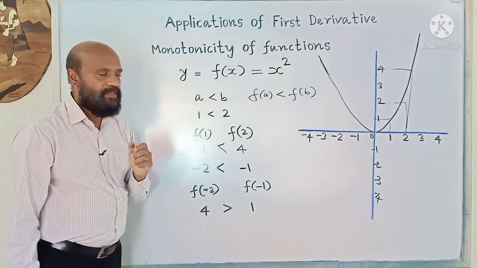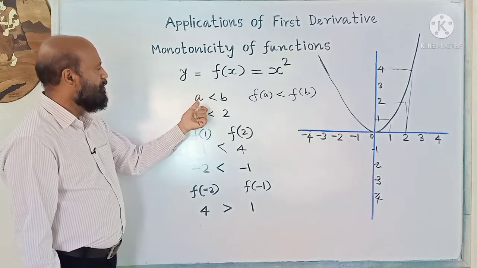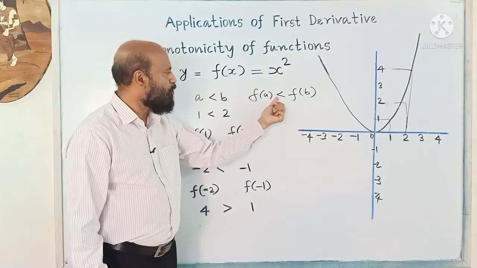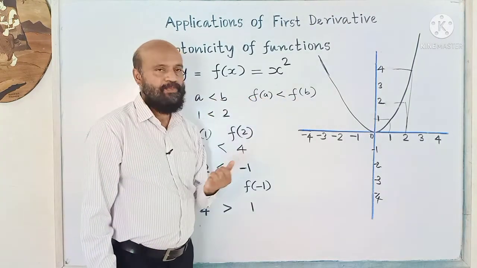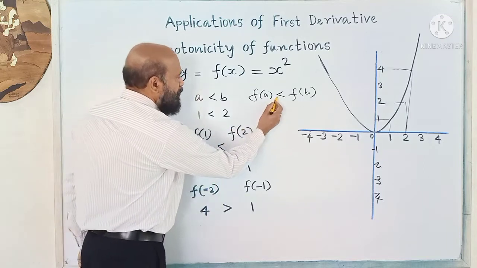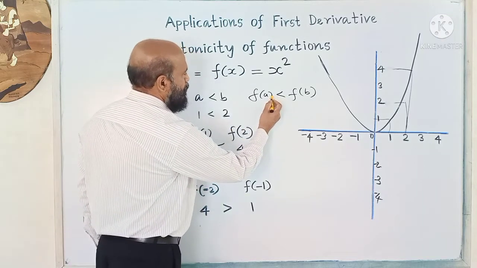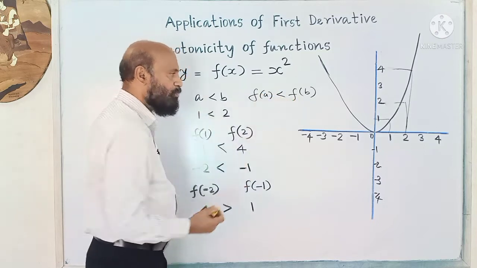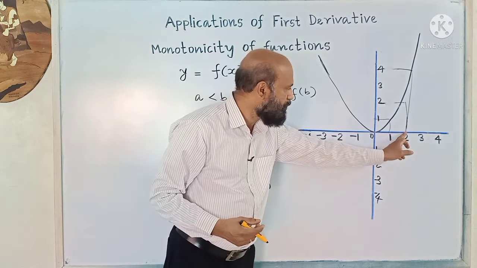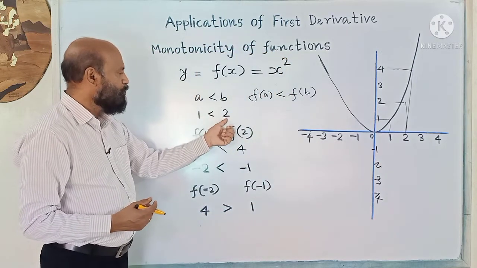Now let us see. For a strictly increasing function, whenever a is lesser than b, f of a is also lesser than f of b. If it is increasing, here there can be an equal sign: f of a is lesser than or equal to f of b. Now here you can see 1 is lesser than 2.